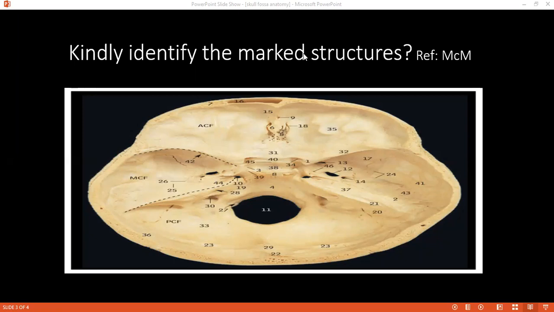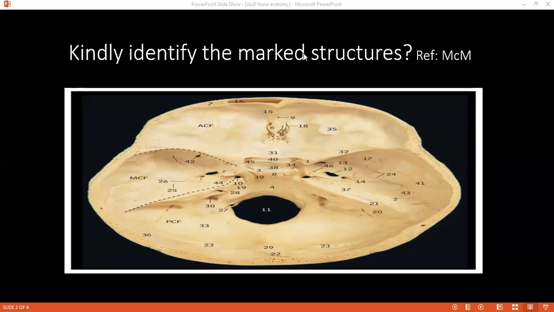Okay. Can you please tell me what is the clivus? It is the junction between the sphenoid bone and the occipital bone. Okay, which cranial nerve runs on the clivus? The abducent nerve passes over it.